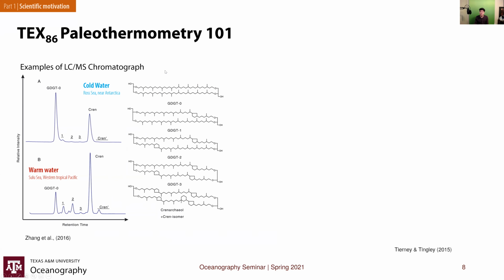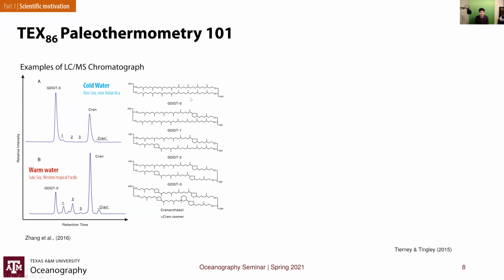So TEX86 is the temperature proxy based on these organic compounds, as you can see here, which we call GDGT. It's a tetraether lipid, and it's synthesized by the archaea living in the oceans. The core structure is these long chain carbons.